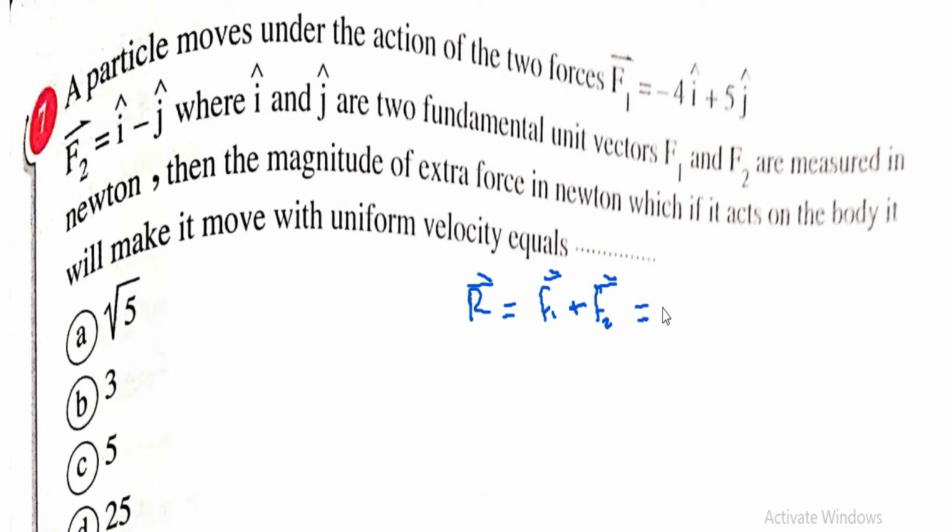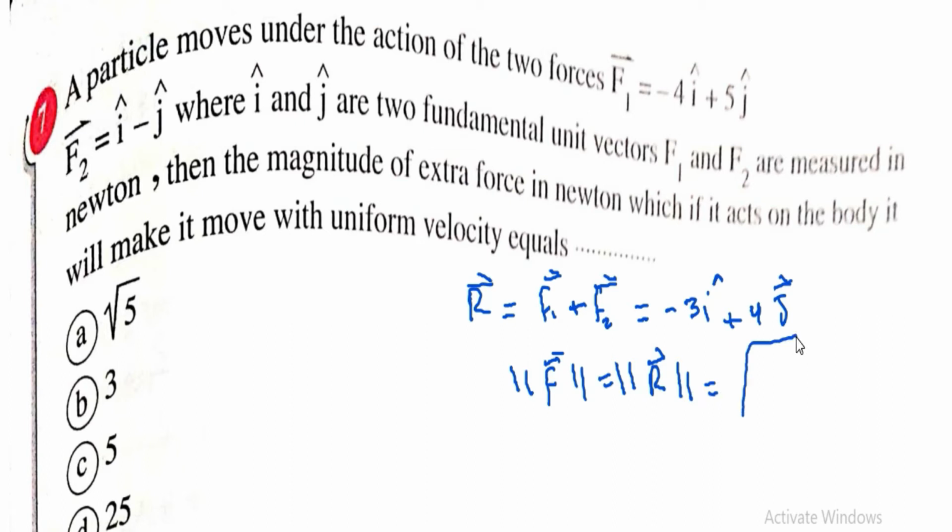Negative 4i plus 1i, negative 3i, 5j plus negative 1j, positive 4j. This is the resultant of the two forces. So norm F equals norm R equals the square root of 3 squared plus 4 squared, equals 5 Newton. The answer is C.